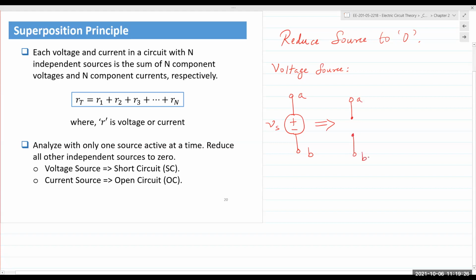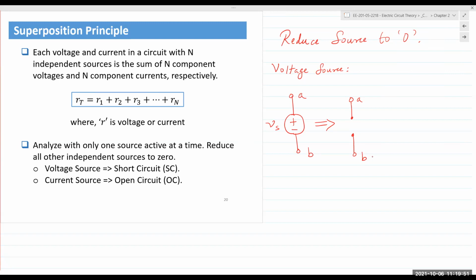The only way the voltage between A and B would be 0 is if both points are at the same exact electric potential. If there's a difference in potential, there's a voltage between the 2 points. But if both points are connected together, they're at the same electric potential, and thus the voltage between those 2 points is equal to 0.